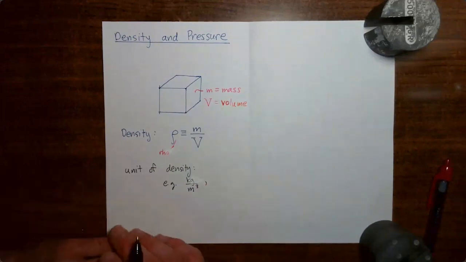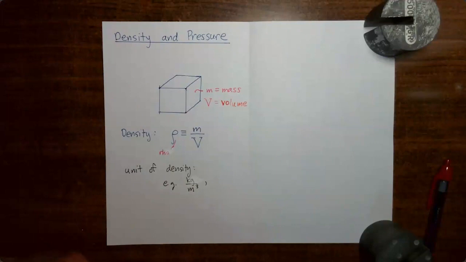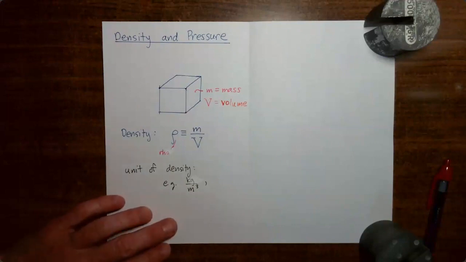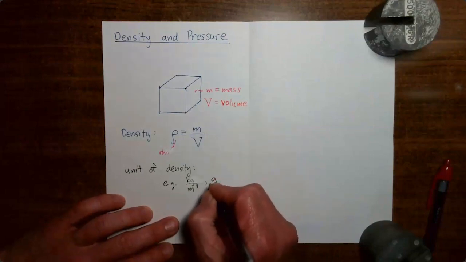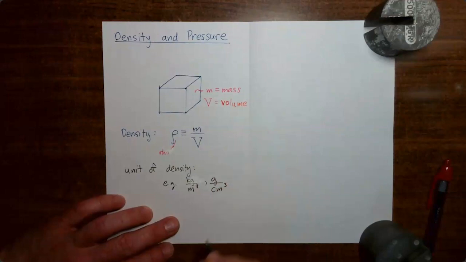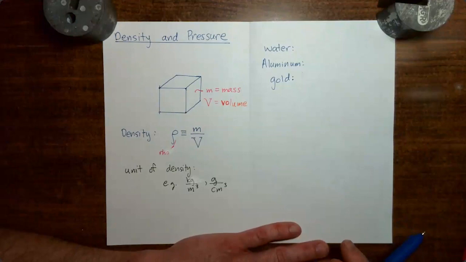However, in this topic, we also tend to use what are called the CGS units, which are based on centimeters, grams, and seconds. So if we are using the CGS units, another unit we could use for density is grams per cubic centimeter. Now that we have the units, I can give you values for the densities of some common materials.